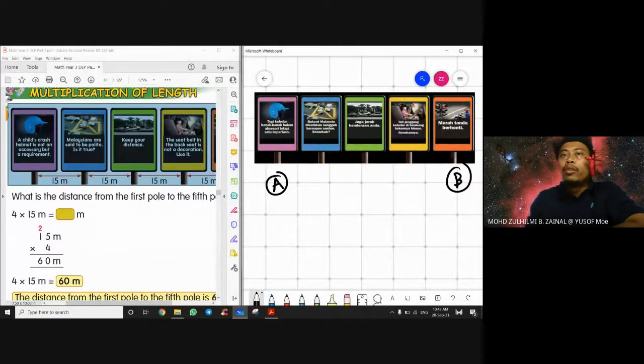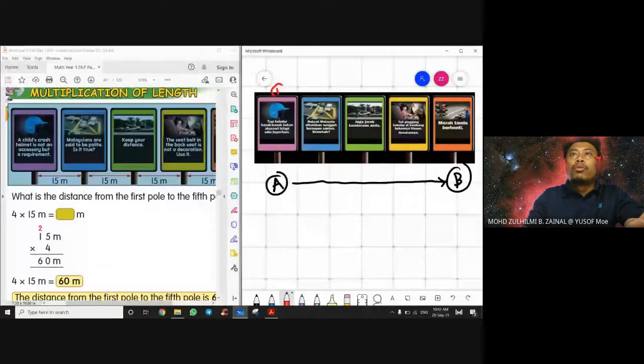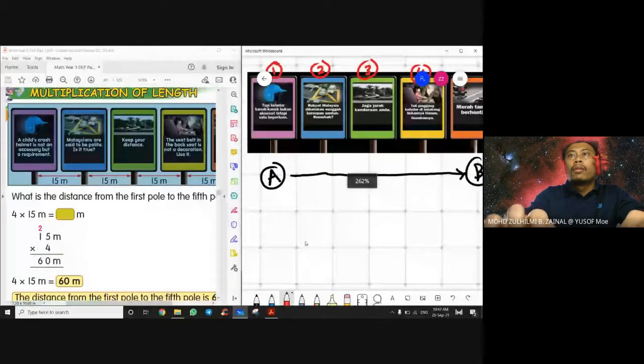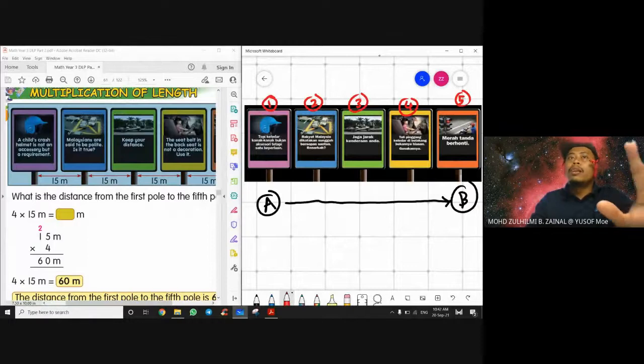Okay, from A to B ni, how many distance you covered? Okay, this is pole number 1, 2, 3, 4, 5 sini. Ada 1, 2, 3, 4, 5. Kita bukan nak kira pole. Dia nak berapa distance dia.